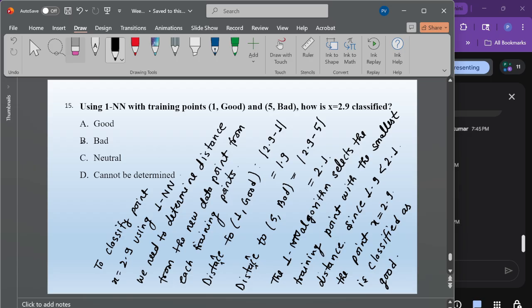So yes, it is classified as good. So the correct option is A here again.